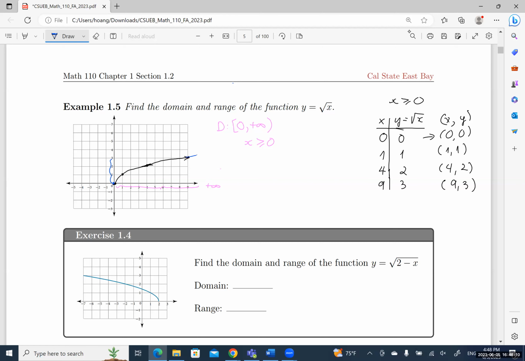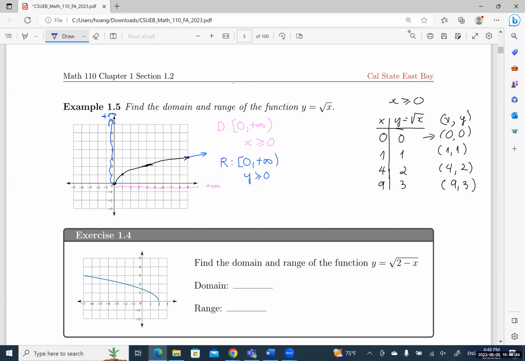It can keep going up and up. So I would say it keeps going until positive infinity. So that means, how far vertically does it go? The range starts from 0 and goes up to positive infinity. And if you want to write the inequality notation, you write y greater than or equal to 0.